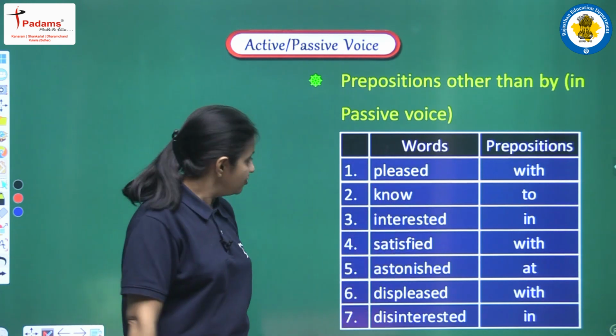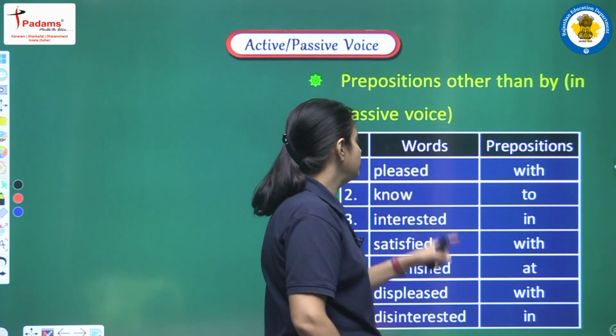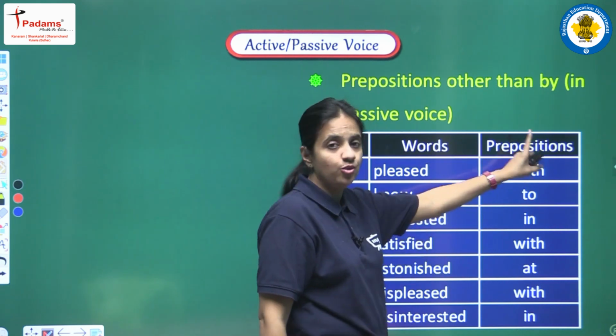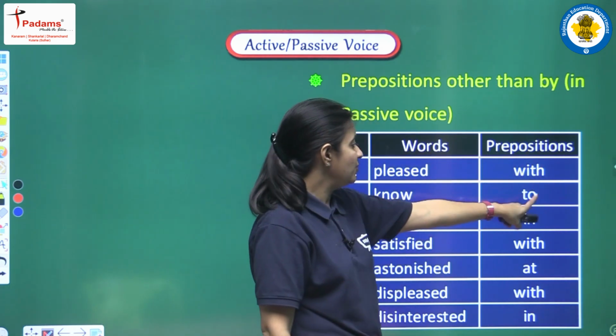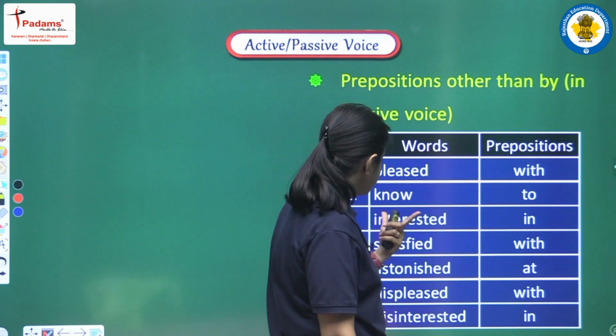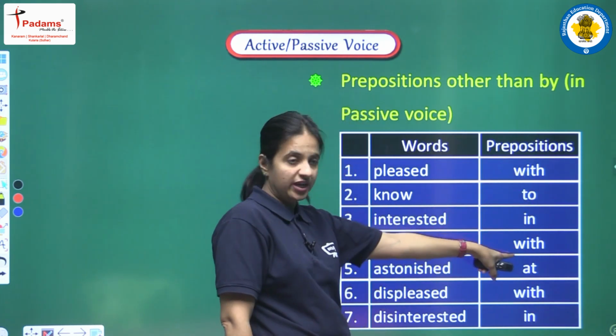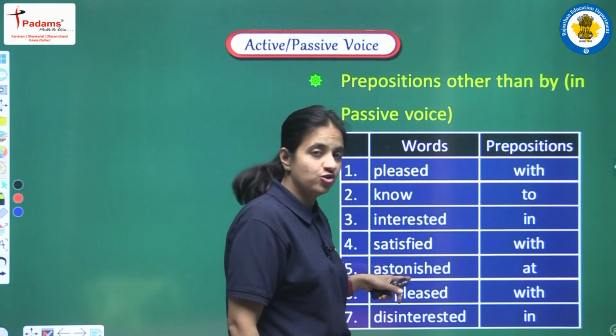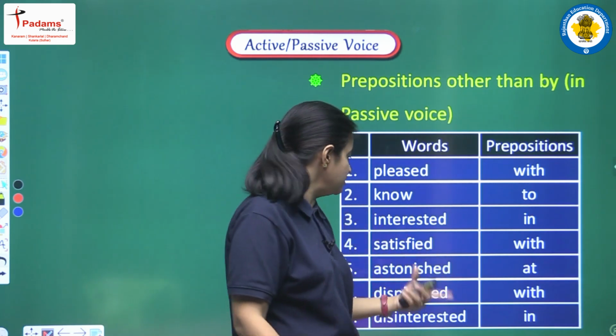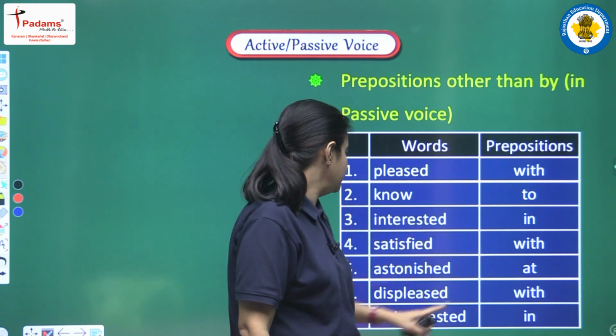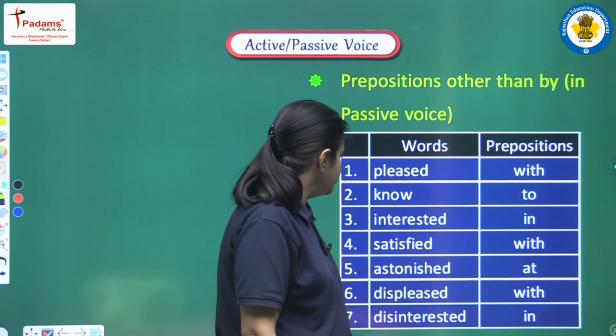So let's read. First of all, we have pleased. If we have pleased, we have to write with. No, with pleased we have to use to. Interested will be there with in. Satisfied with. Astonished. Astonished is a synonym of surprised. So with astonished, at. Displeased with.